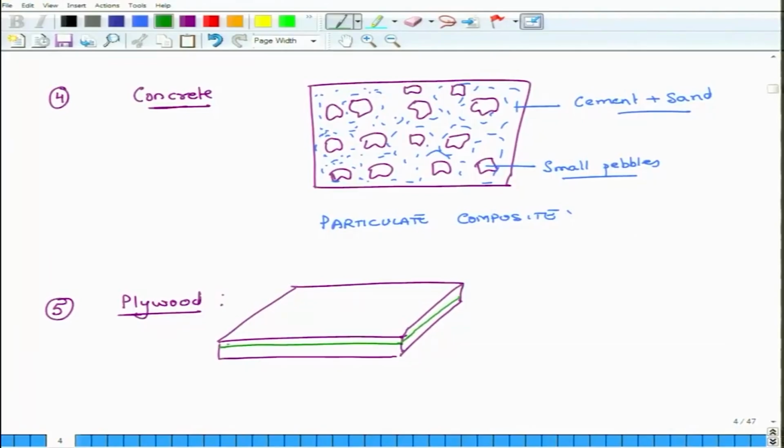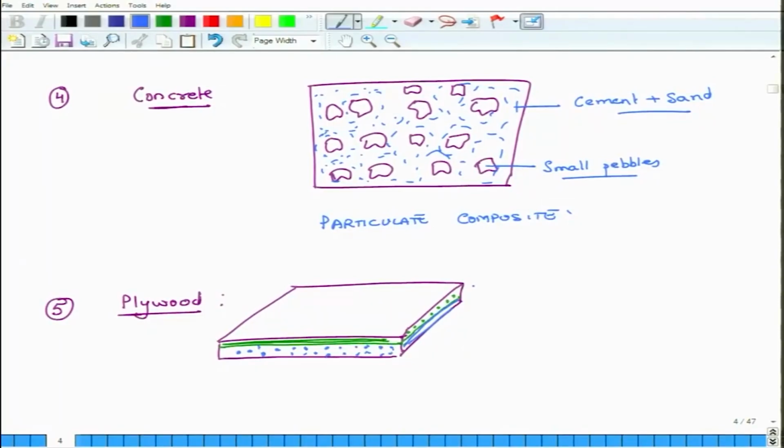What you will see is that this plywood may have, in the top layer, a lot of fibers in this direction. So, if I look at it from this side, it may look like this, and the other layer may be something like this, and there are different ways these plies can be arranged.